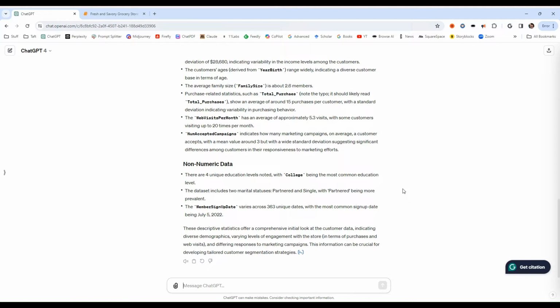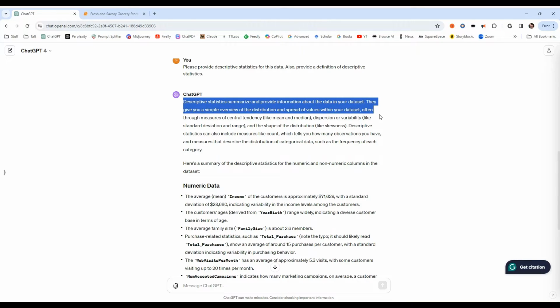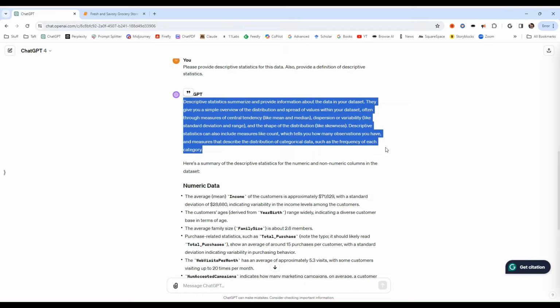Let's review what ChatGPT told us about this information. It defined descriptive statistics. Descriptive statistics summarize and provide information about the data in your data set. They give you a simple overview of the distribution and spread of values within your data set, often through measures of central tendency, like mean and median, dispersion or variability, like standard deviation and range, and the shape of the distribution, like skewness.